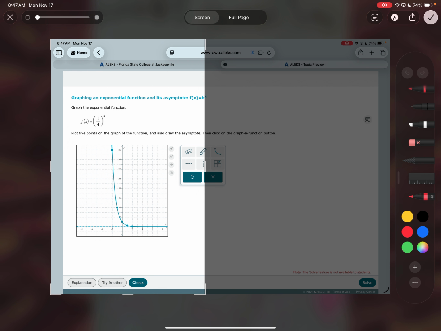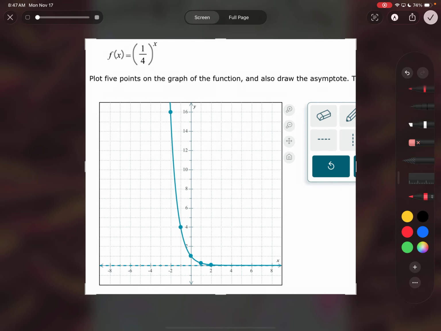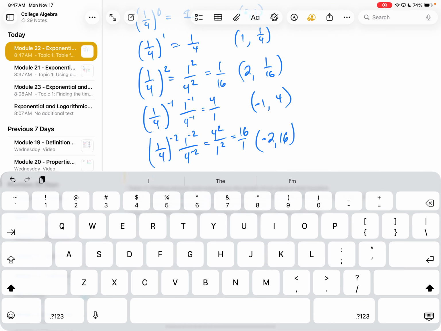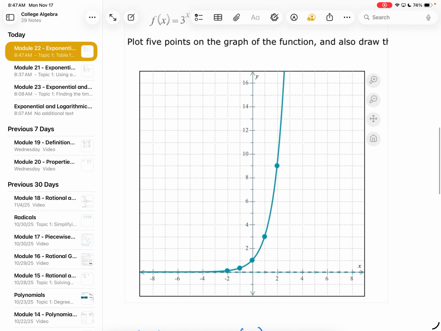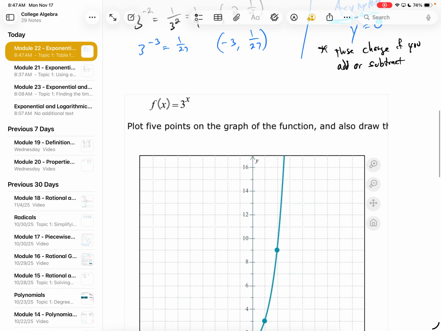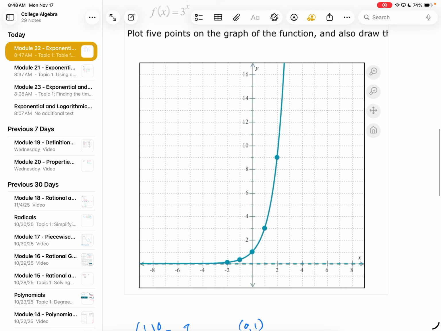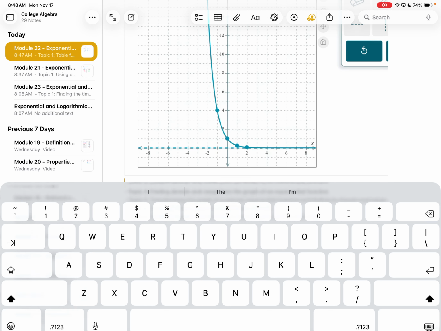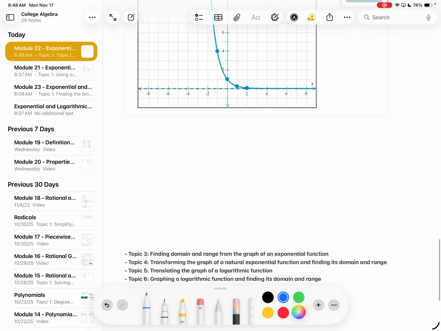The range is how far my y's go, so that's how far down to up. I know it sounds weird to say down to up, but I want to know where the bottom of my graph is. The bottom of this graph is always your asymptote. So it does not touch -4, so I use a parentheses, and it goes up forever. Oh, I said right before I started that it does inequalities, so we don't have to do the interval notation. So what they say here is this is all reals.